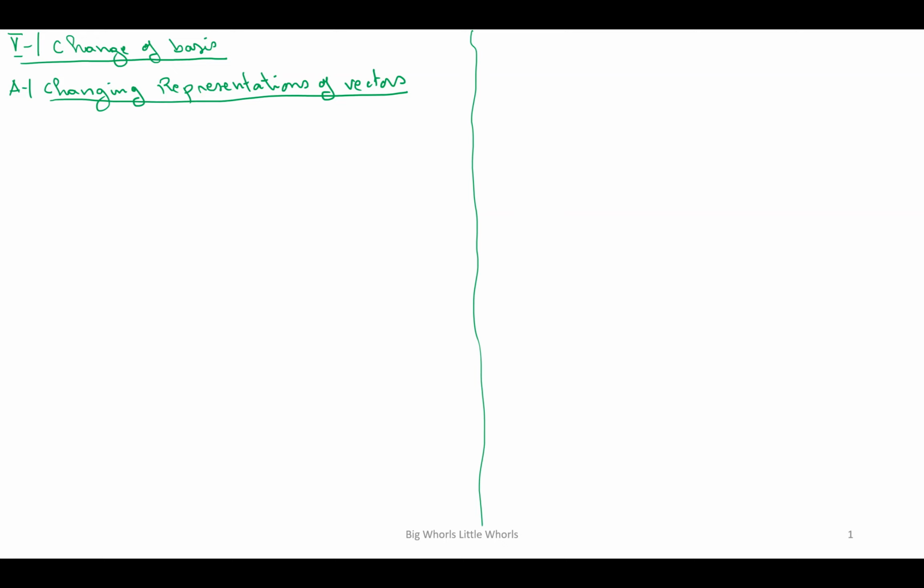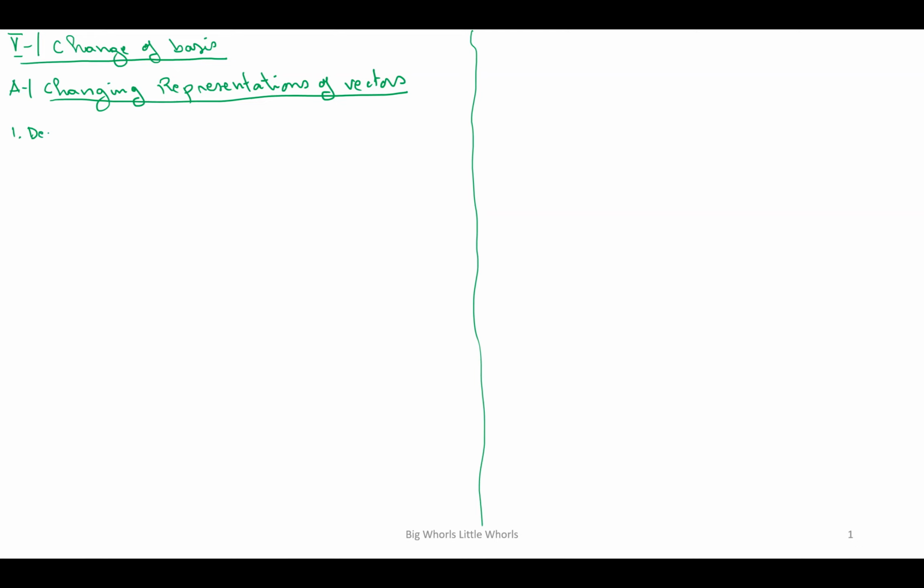The vector v is still vector v, but representing that vector v in basis B is going to be different from representing that vector v in basis D, if you see. So the vector itself is not changing, but its representation is changing because the bases are different.